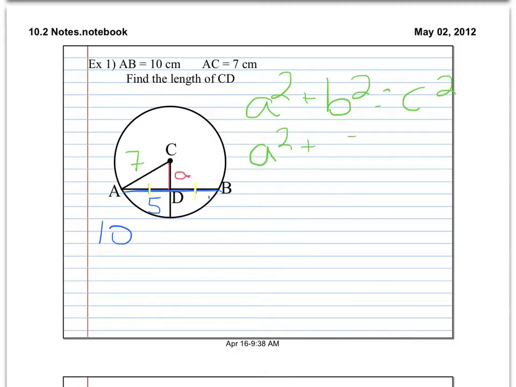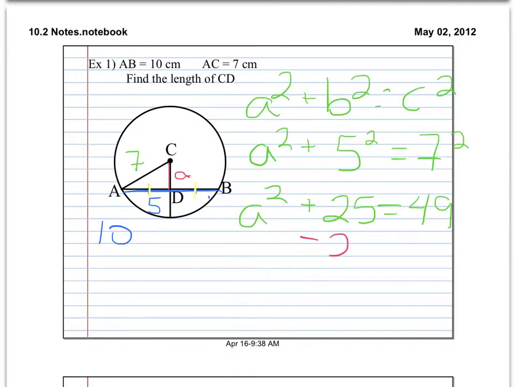A squared plus B squared, which is 5 squared, is equal to 7 squared. So following along, 5 squared will be 25, 7 squared will be 49. Let's erase that plus sign and make it an equal sign.